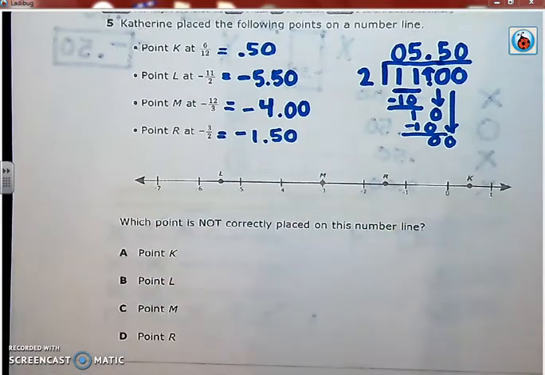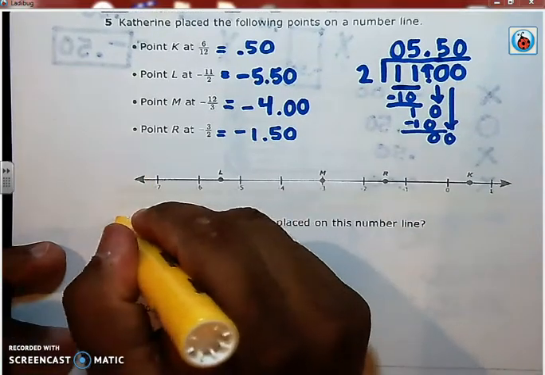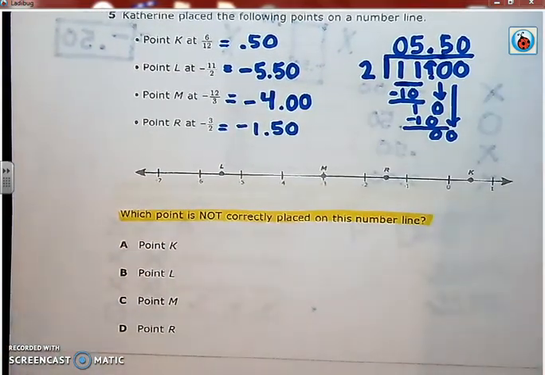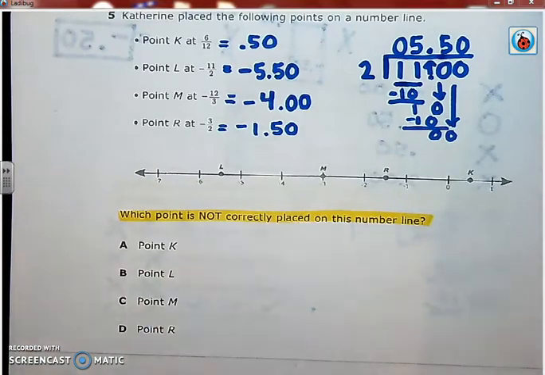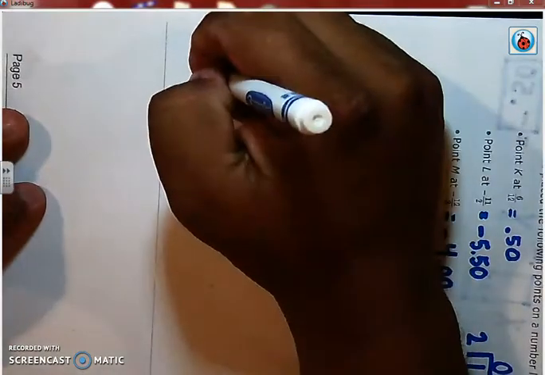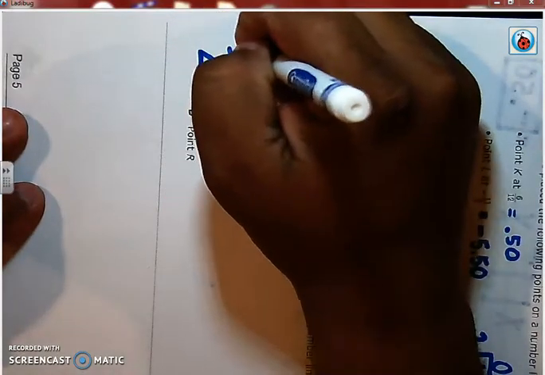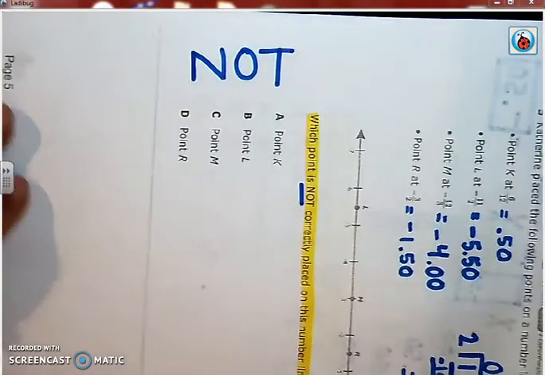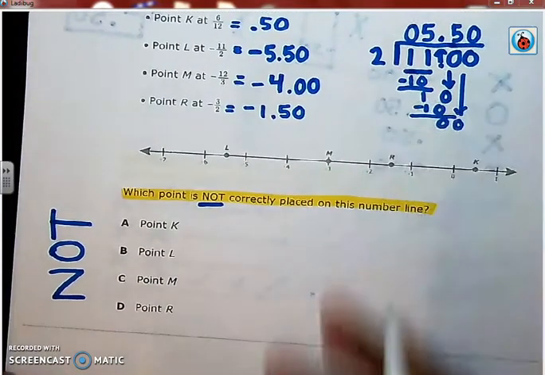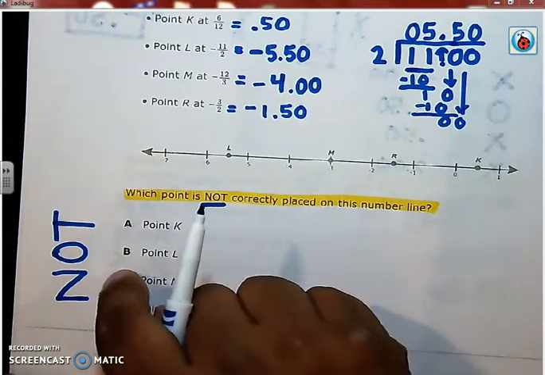Which point is not correctly placed on this number line? Because it says not, turn our page sideways, and put a big not there. So that's going to help us when we come back and recheck our questions to make sure that we chose the answer that was not.